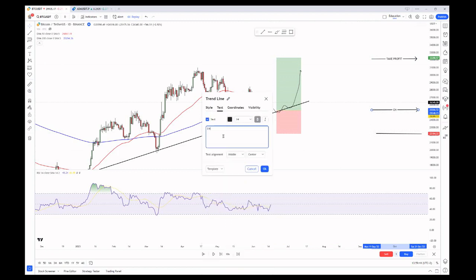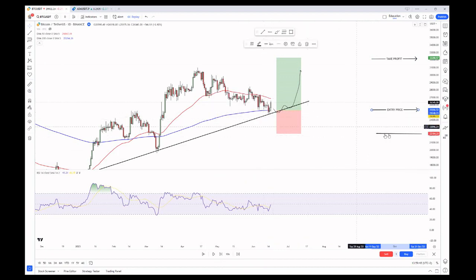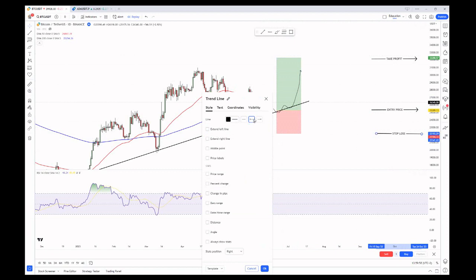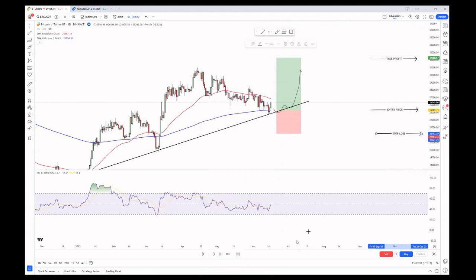This is your entry price. And the red one would be your stop loss. So it's actually very simple in this case. Red stop loss, yellow entry price, green take profit price.